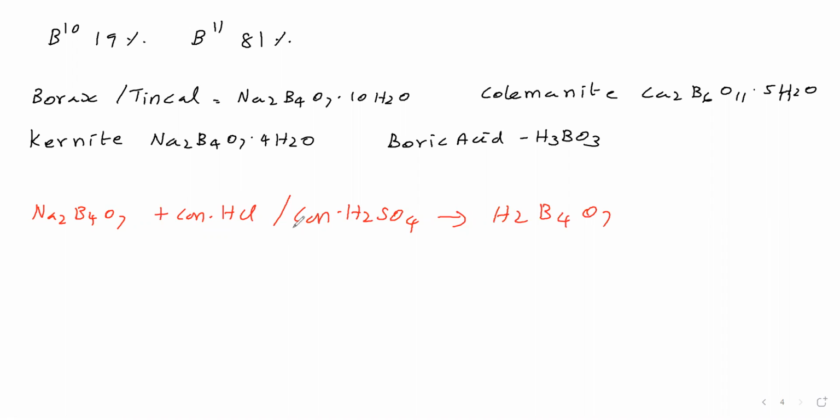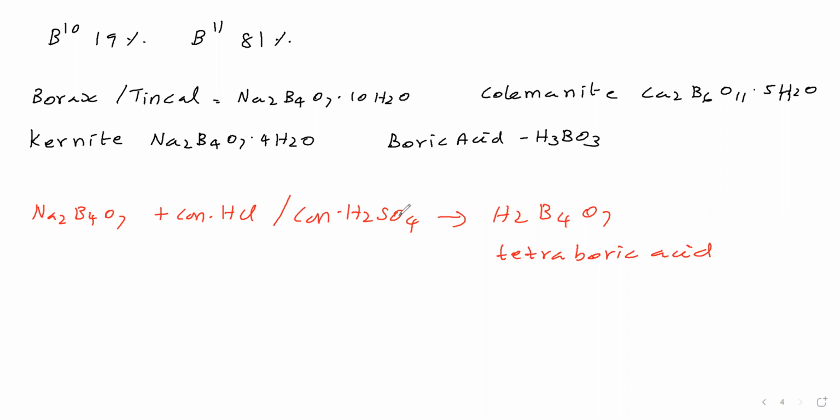This H2B4O7 is called tetraboric acid. Then the sodium takes chloride and becomes sodium chloride. Otherwise, sodium takes sulfate and becomes sodium sulfate.